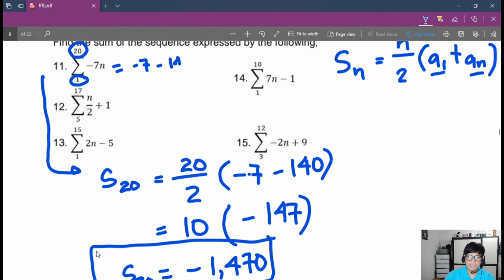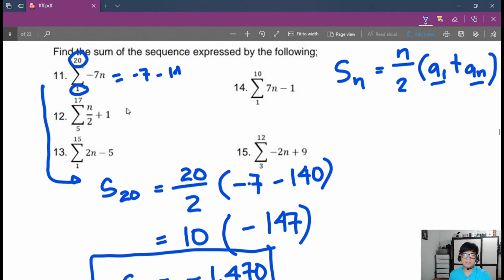So, kung ganyan, no need to write the arithmetic series, kasi alam naman natin yung formula na kailangan lang natin is yung first term pati si last term. Kasi ang common difference ng arithmetic sequence na ito is negative 7. Yan yung kanyang common difference.